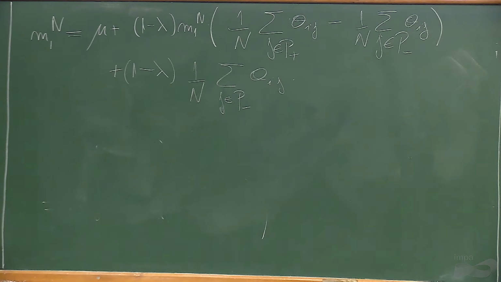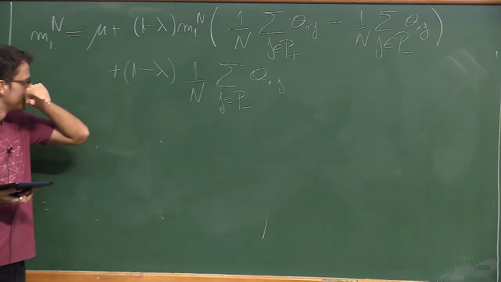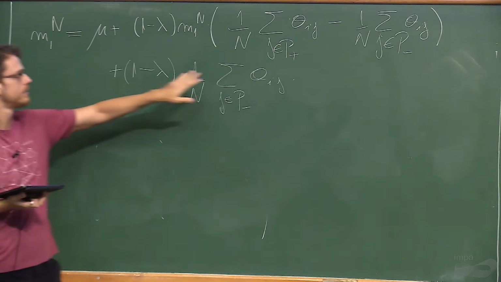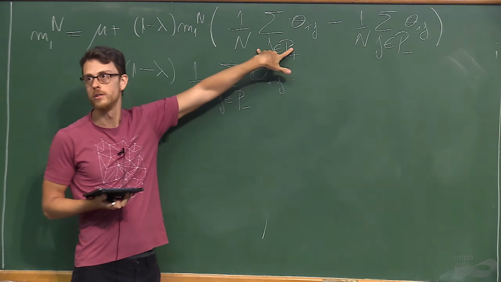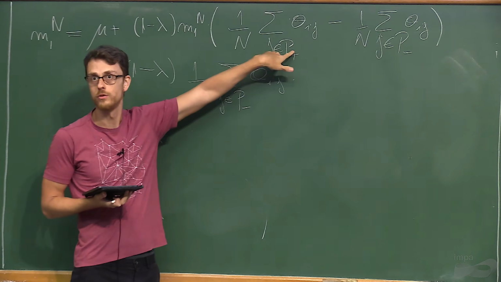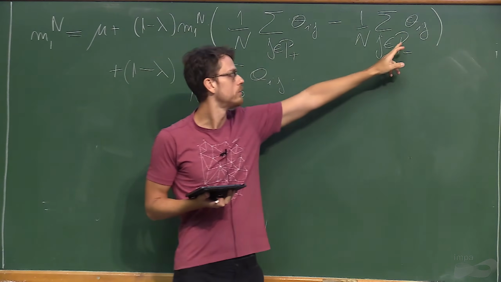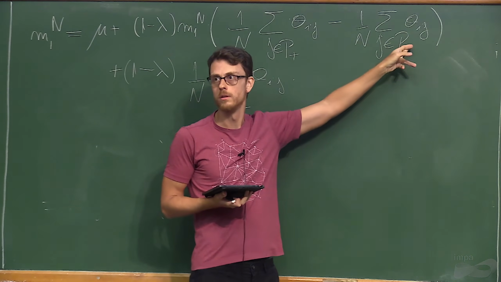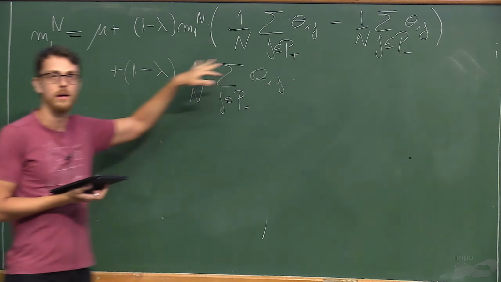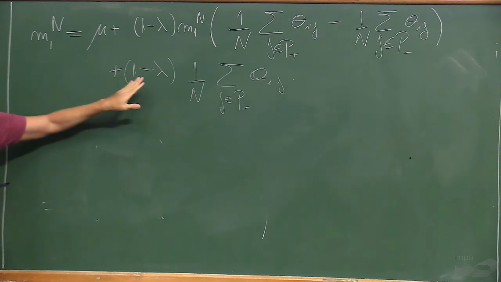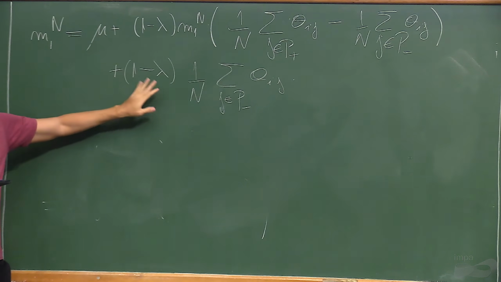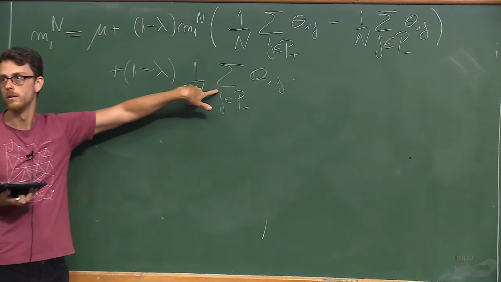Okay? So now I think we all agree that this is going to converge by the law of large numbers to p over 2. So this is going to converge to the same thing, p over 2. So this is 0. And then it remains just mu plus 1 minus lambda times p over 2 here.